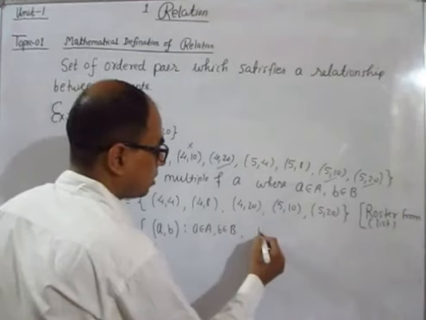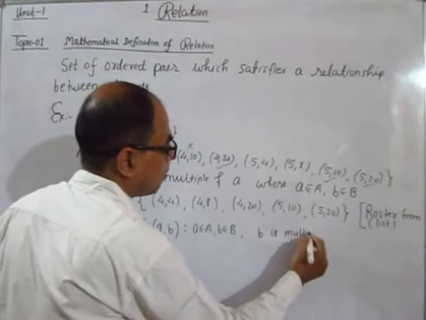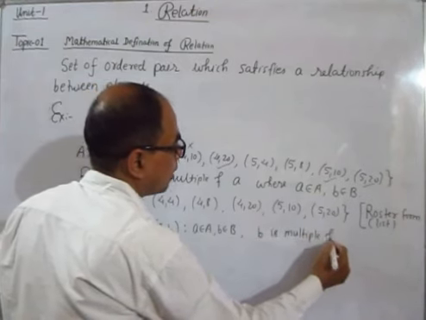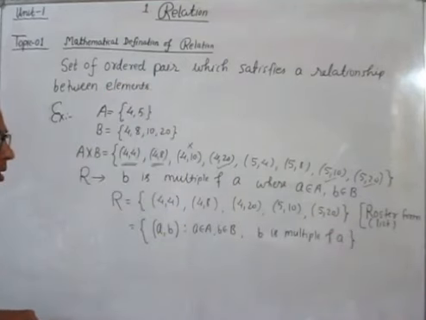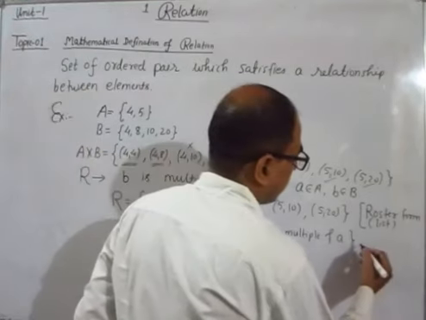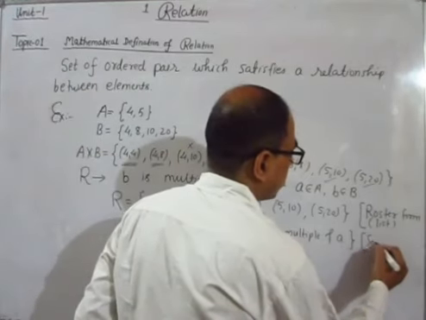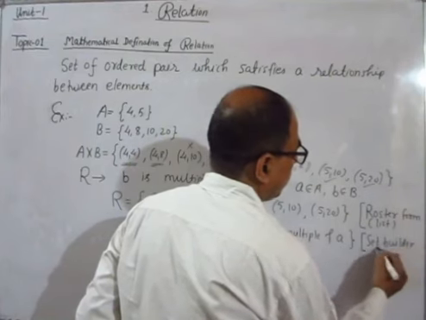So B is a multiple of A. This is the relationship between B and A. So this type of representation is called set builder form.